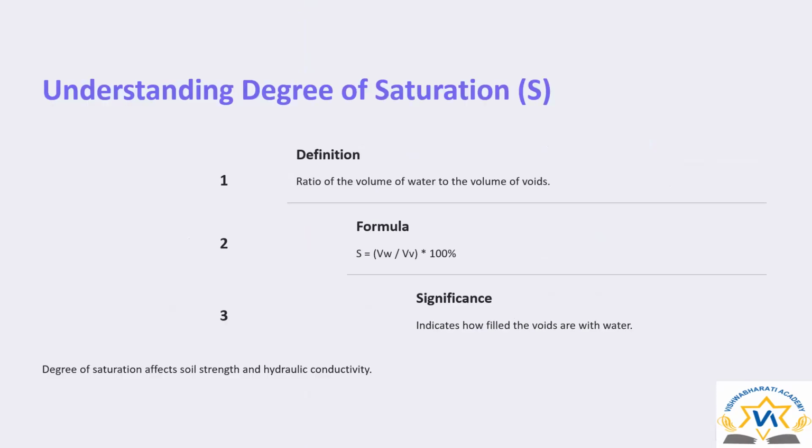Then next is the degree of saturation. The next important index property is degree of saturation. The definition of degree of saturation is the ratio of volume of water to the volume of voids. The formula for degree of saturation is S is equal to Vw upon Vv into 100.